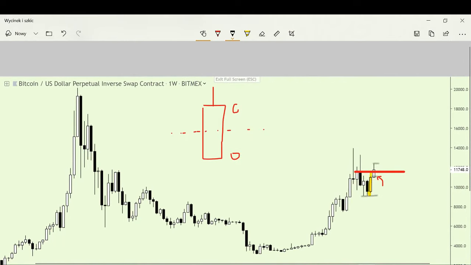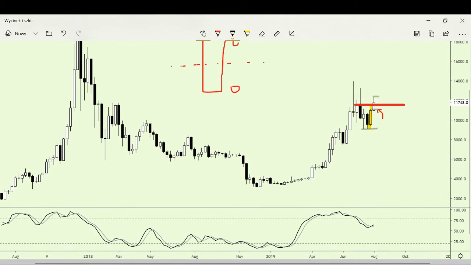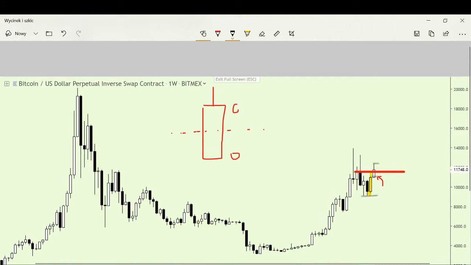But for what Steve Nison says in his study of Japanese candlesticks, which I totally recommend reading, to have a bullish or bearish engulfing, you need to firstly have the trend established. So to speak of bullish engulfing, you need to have a downtrend established.